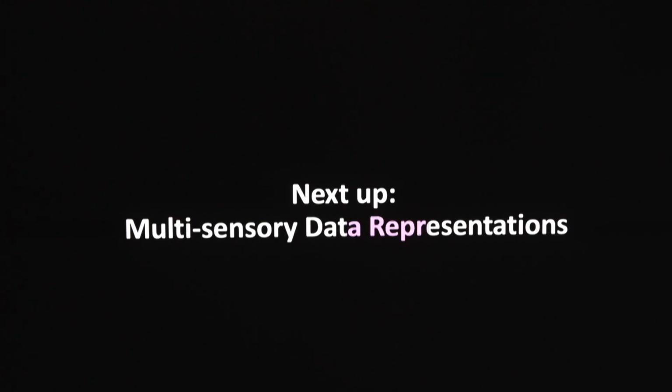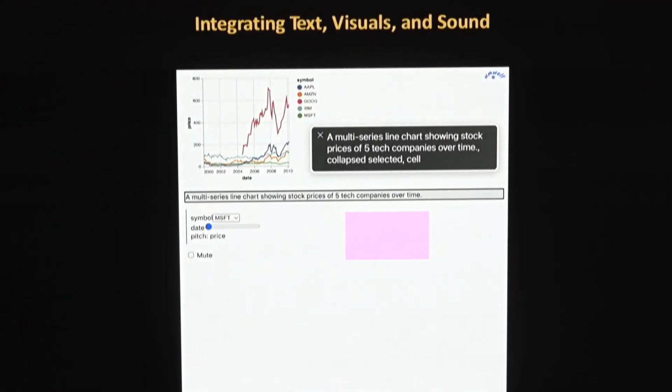Here we started with a chart and converted it into a text description, and we're still thinking about these two things as very independent entities. But what if we think about using all these different modalities together in one system? So here's a demo of a version of Ollie that's more integrated with the visualization so that blind data analysts and their sighted collaborators can have a common point of reference.